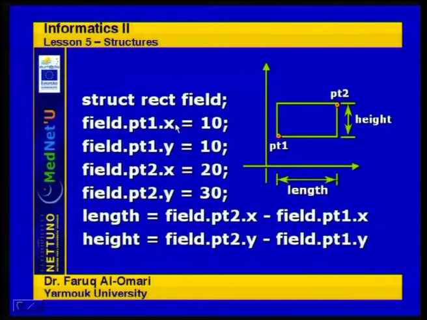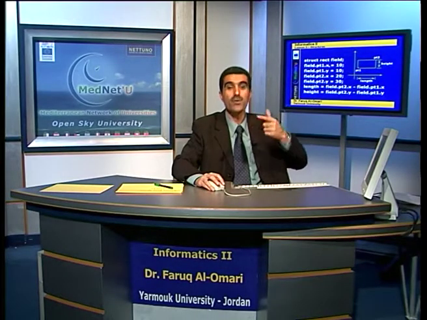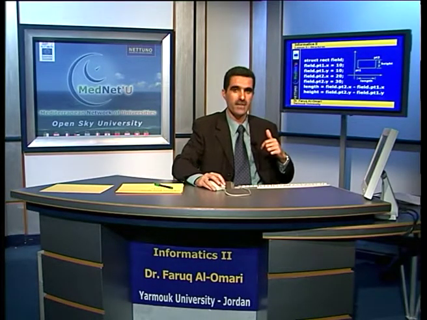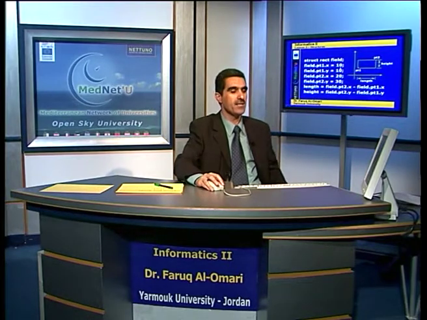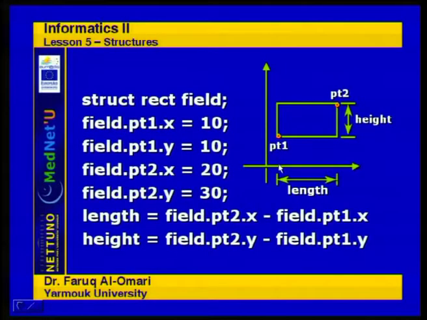I'm referring to the variable x within the structure PT1, which is now a member within field. In that case, I'm initializing this to be 10. So the x component in here is 10. And field dot PT1 dot y, which is the second component in PT1, equals 10. Same thing for PT2 dot x 20, PT2 dot y 30. This way, I'm defining all elements within the structure field.